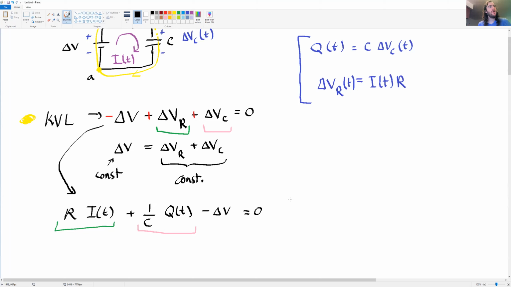Okay? But now we need to recall that the current I of t is a derivative of the charge. Now, we're used to writing dq dt with a little q, but little q and big Q here must be the same by Kirchhoff's current law. So all the current that flows in the circuit, some of that current charges up the capacitor, and the rate at which the capacitor is charged is going to be the same as the rate of decrease of the current, and so forth.